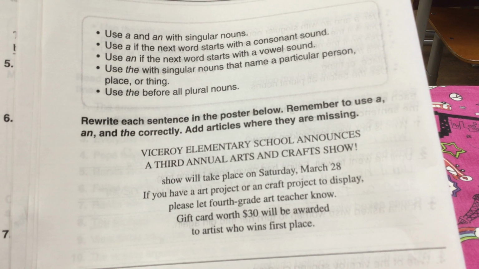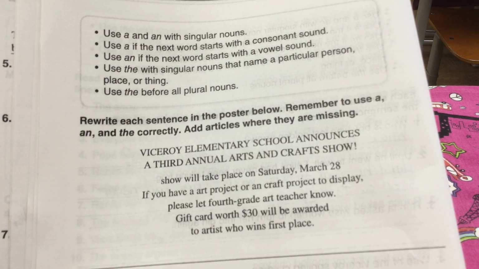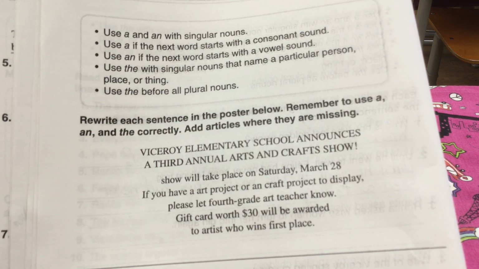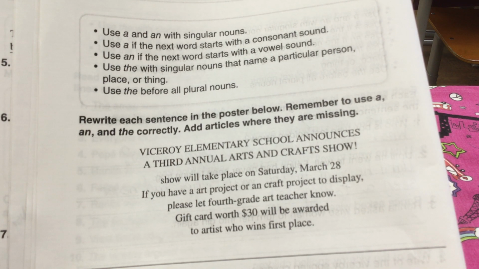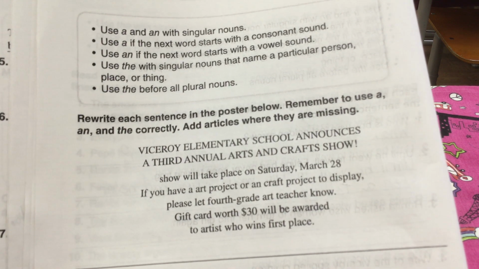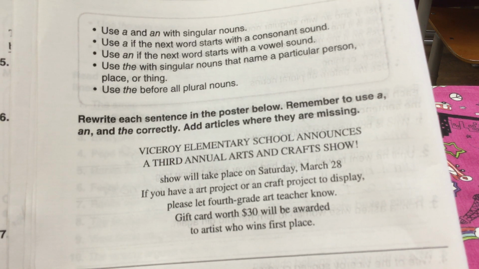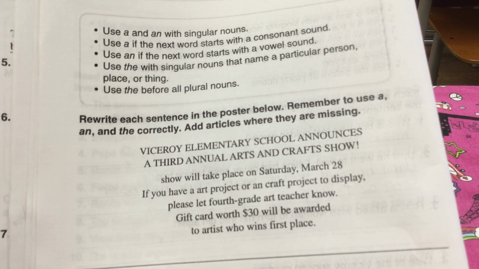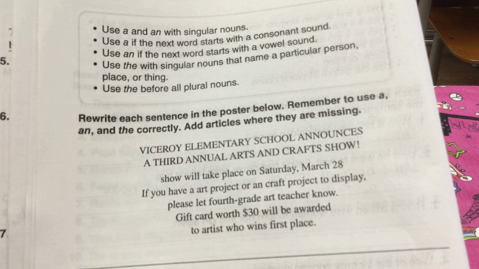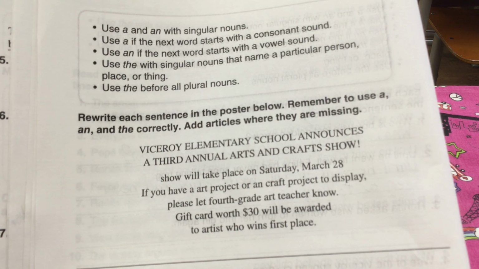Point 3, use an if the next word starts with a vowel sound. Point 4, use the with singular nouns that name a particular person, place, or thing. Point 5, use the before all plural nouns.